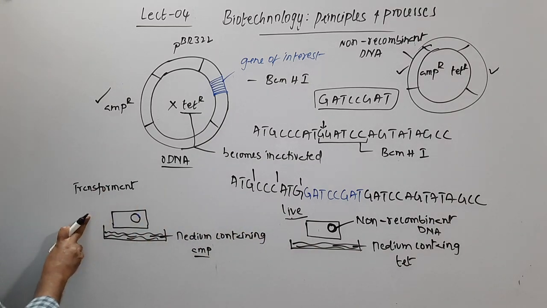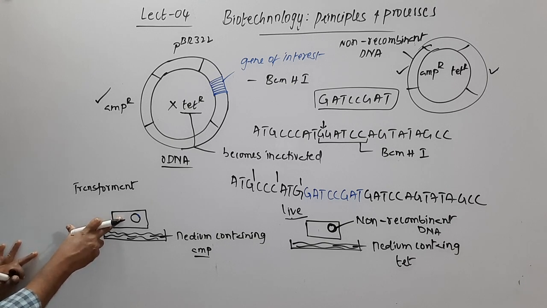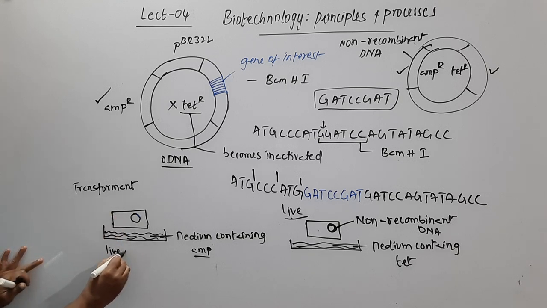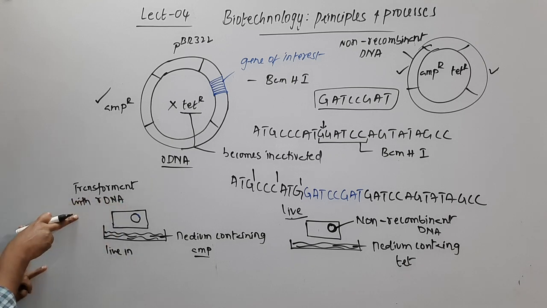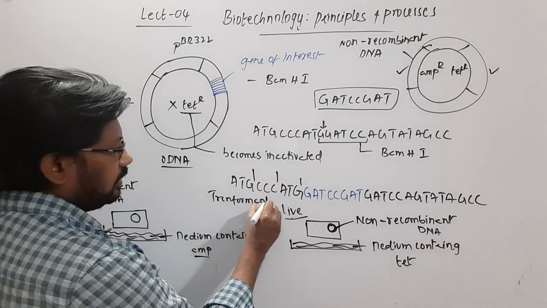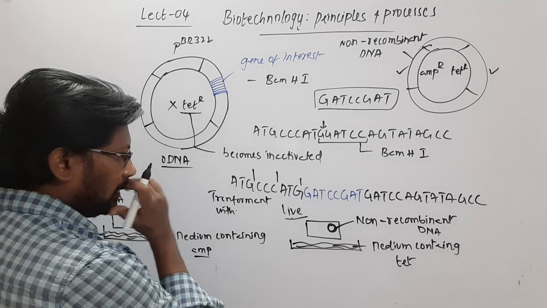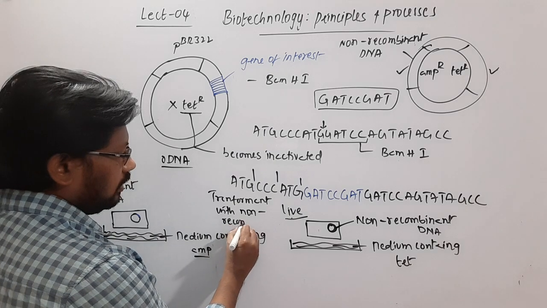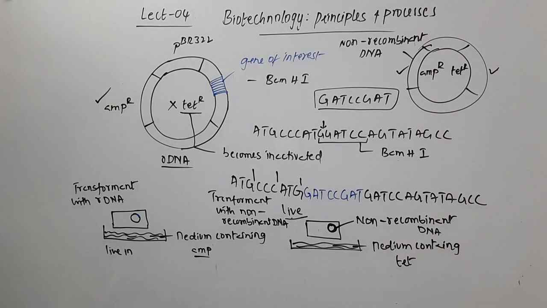And now coming to this one, the E. coli that contains the gene of interest, in which this tetracycline is not working. This is the transformant with rDNA, and this is the transformant with non-recombinant DNA.